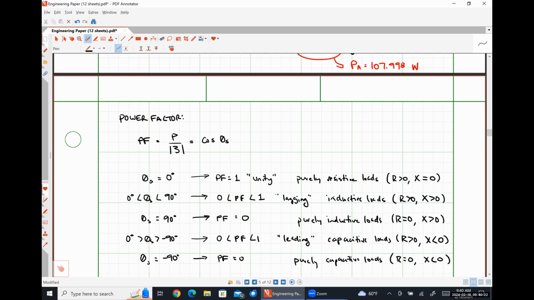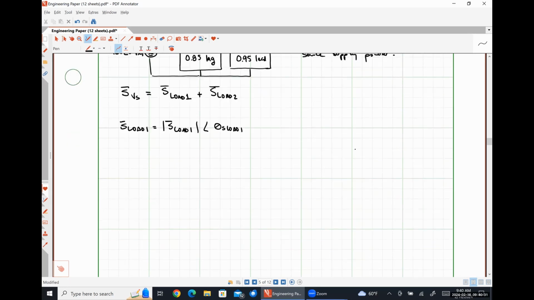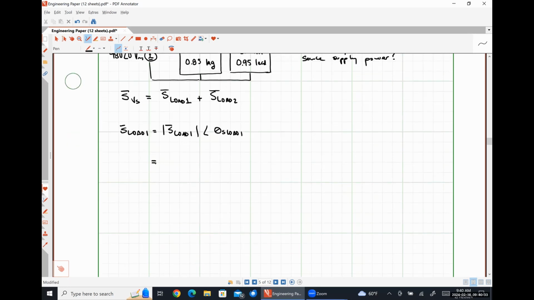If I have my power factor and I do an inverse cosine operation, I can figure out what my power factor angle is. So it looks to me like this is just going to be the average power absorbed by load one divided by the power factor for load one, with an angle of the inverse cosine of the power factor of load one.